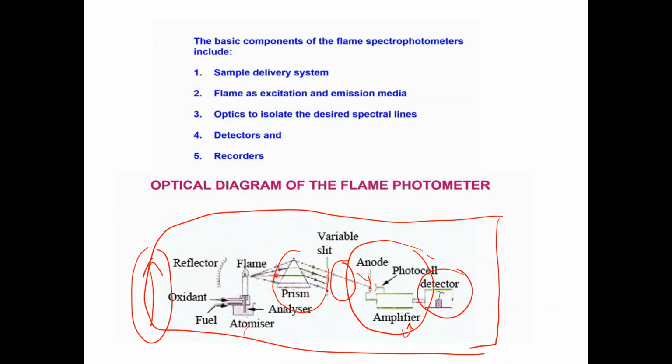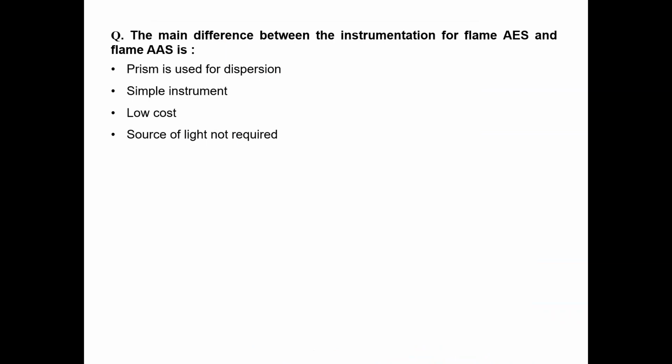Okay, so what is the function of the reflector here? If some radiation is going in the wrong direction, the reflector can reflect the radiation to the appropriate side so that the spectra may also be collected. So the basic difference between the instrumentation of both techniques is that there is no source of light required in flame emission spectroscopy.